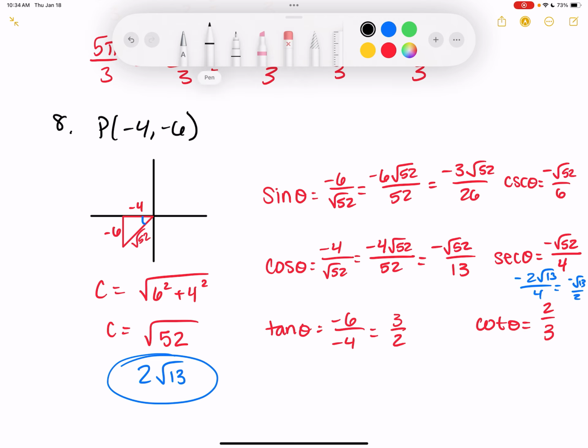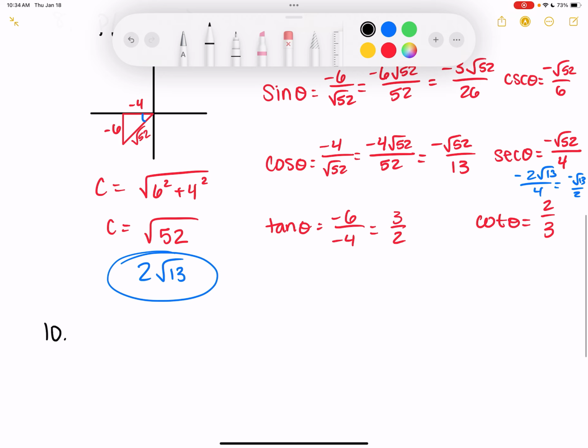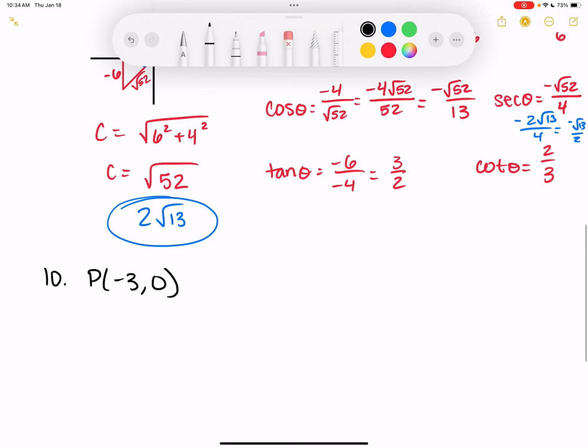All right, 10. The point is negative 3, 0. So where's that? On the x-axis.